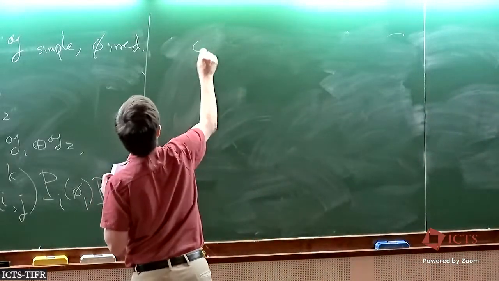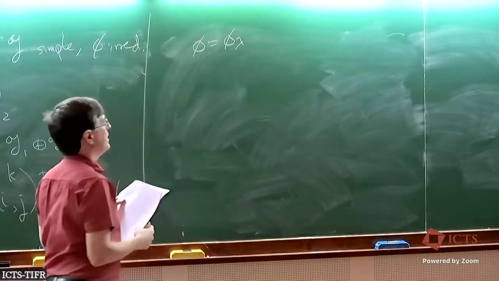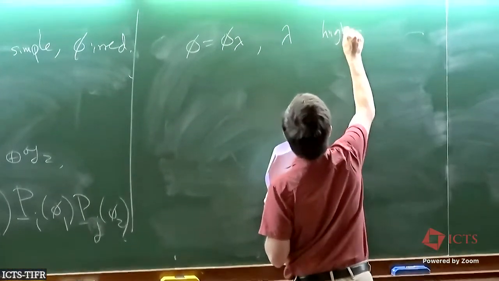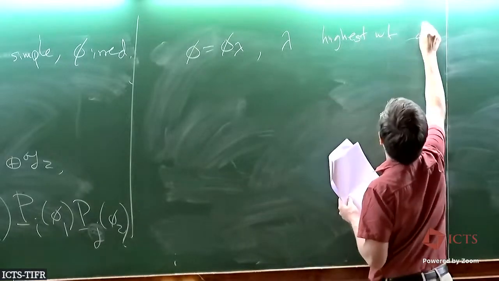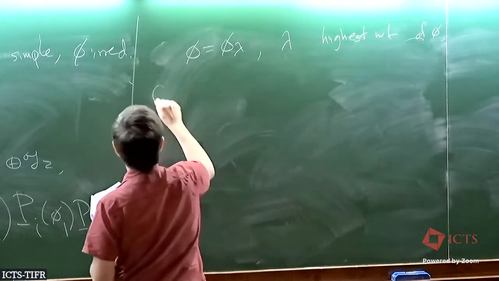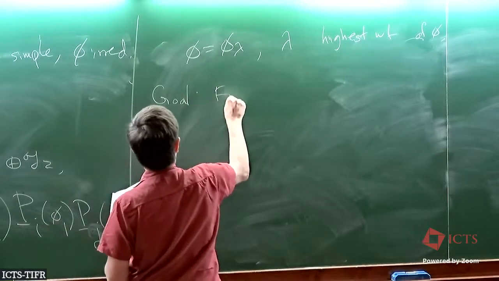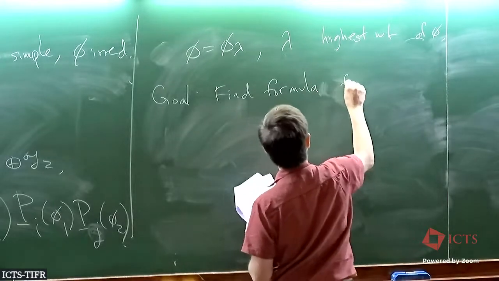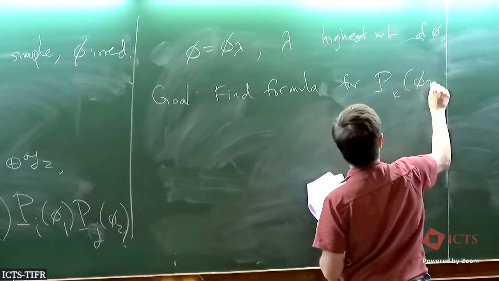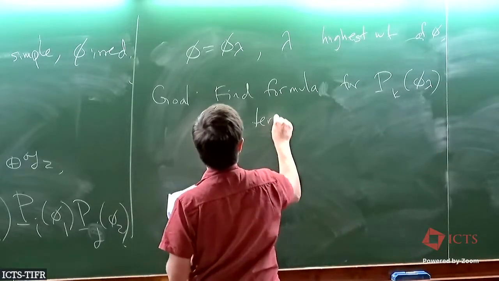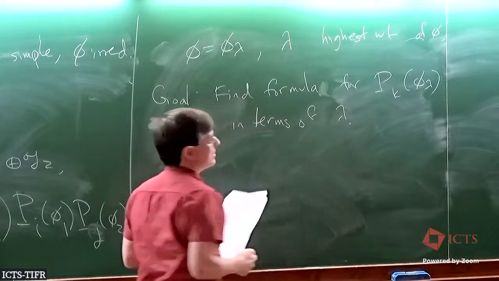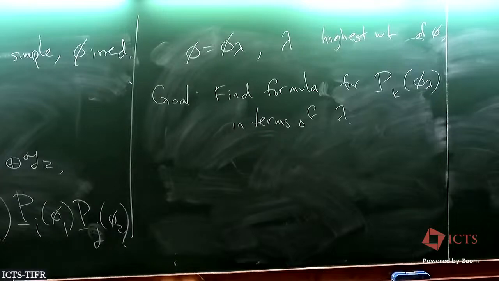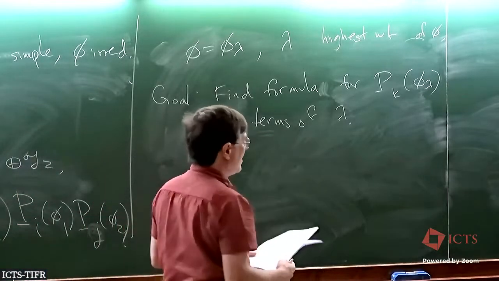So I'll be writing phi_lambda, where lambda is the highest weight of phi, and my goal is to find a formula for p_k of phi_lambda in terms of lambda. I'll start with an example, but that's the goal, that's what I'm going to try to deliver. Let's look at SL2.